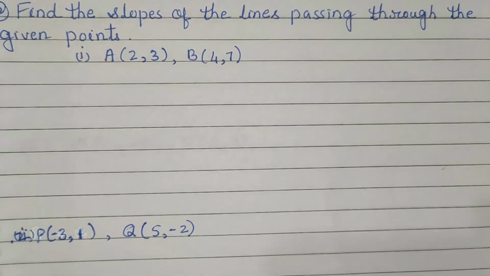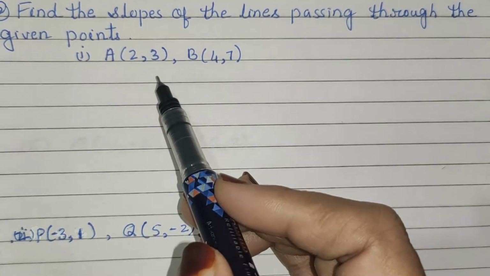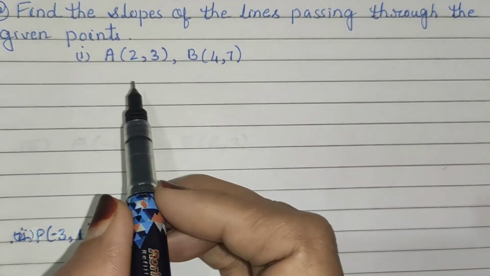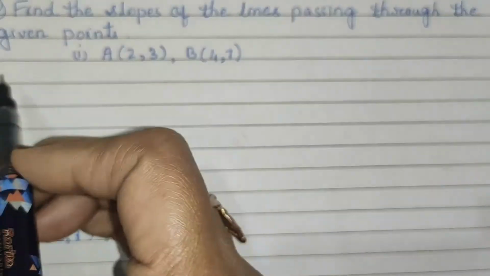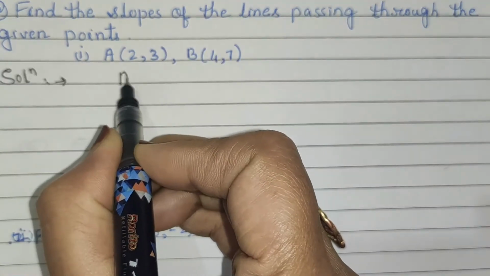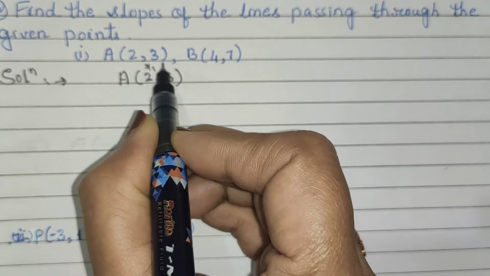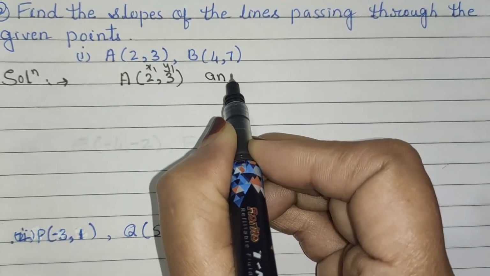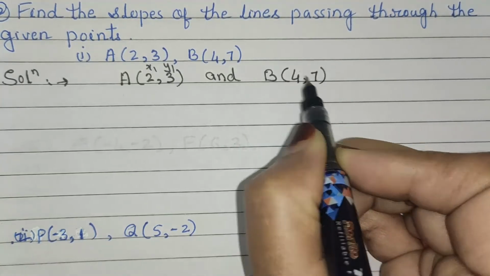Now, next question is find the slopes of the lines passing through the given points. Now look here, the coordinates of point A are 2, 3 and the coordinates of point B are 4 and 7. Let us consider the coordinates of point A are x1, y1 and the coordinates of point B are x2, y2.